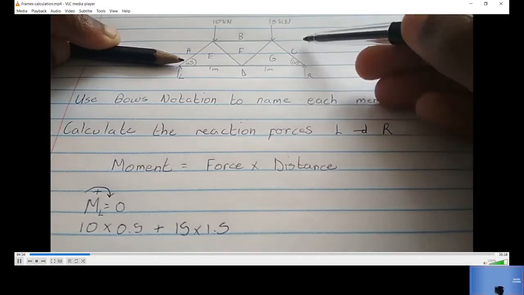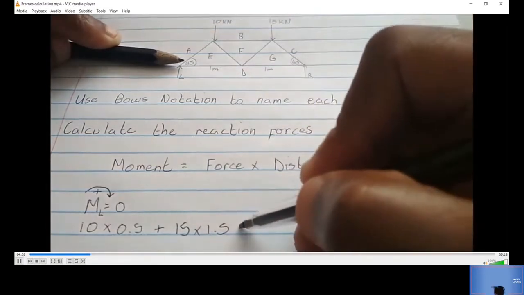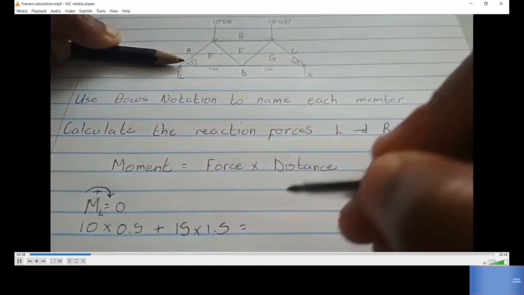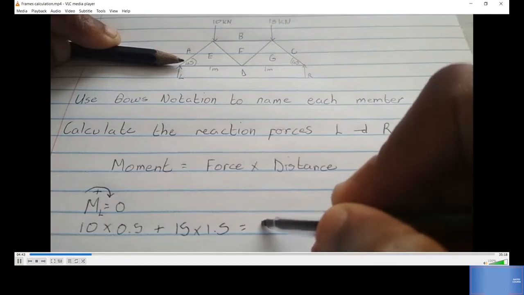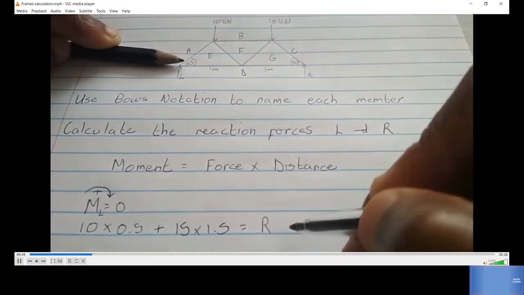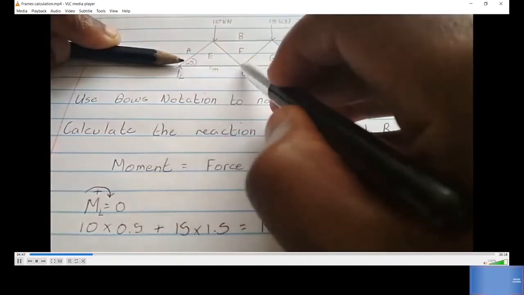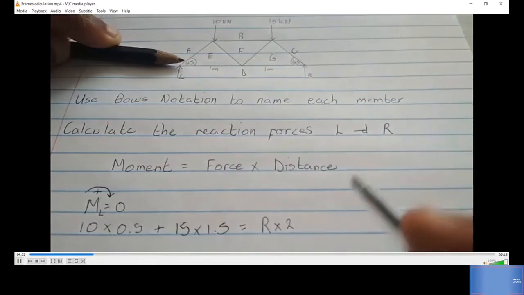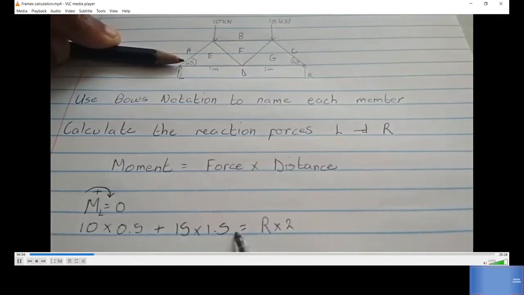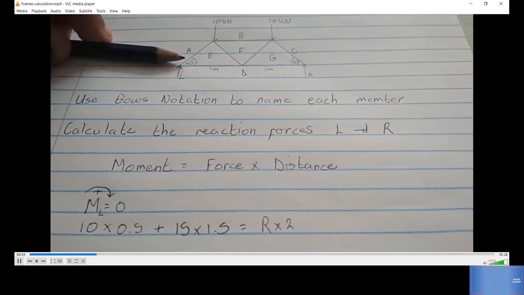And because it's going anti-clockwise, we can put an equal sign and then put it on the other side of the equal sign, which will make it positive. It's going to be R times the distance of 2. Remember, if I put it on this side of the equation, then it would have been negative, and then everything would be equal to 0. But I just prefer putting it on the other side so that things are more clear.